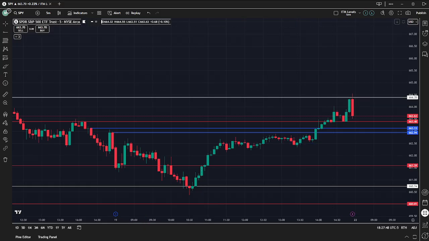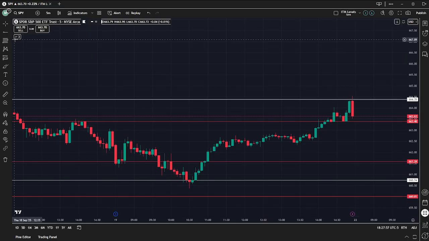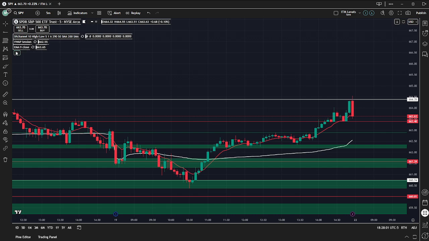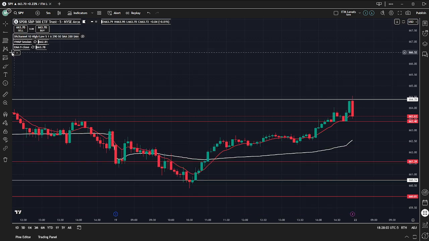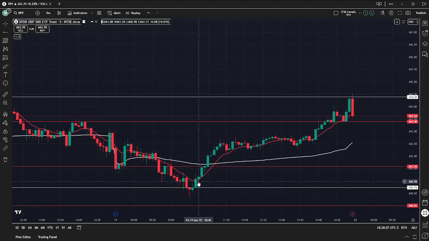Like I said, guys, if you have any questions on that aspect, I'm not sure how well I'm explaining fair value gaps. The main thing is I use my fair value gaps a lot with my EMAs on both my 5 and my 15-minute time frame, because when the fair value gap is holding up, the 9 EMA usually follows up to show a trend.